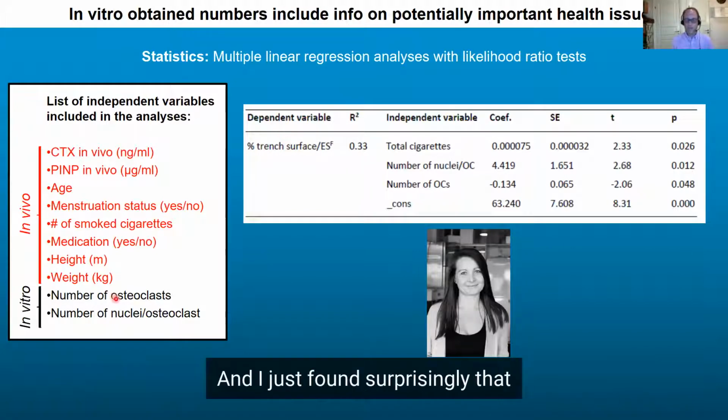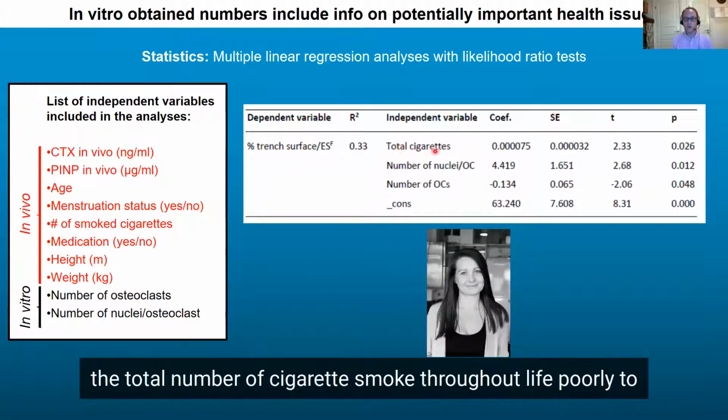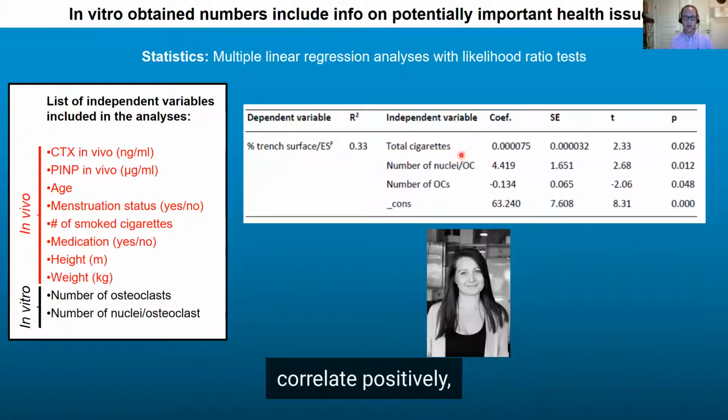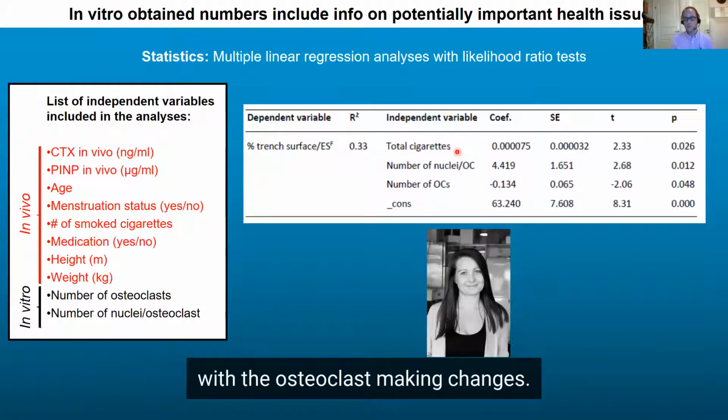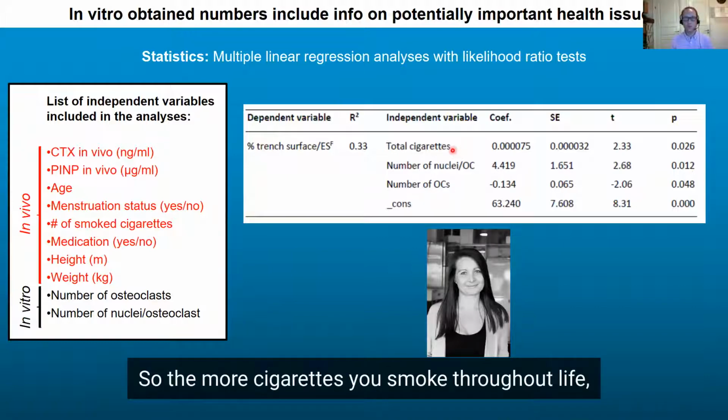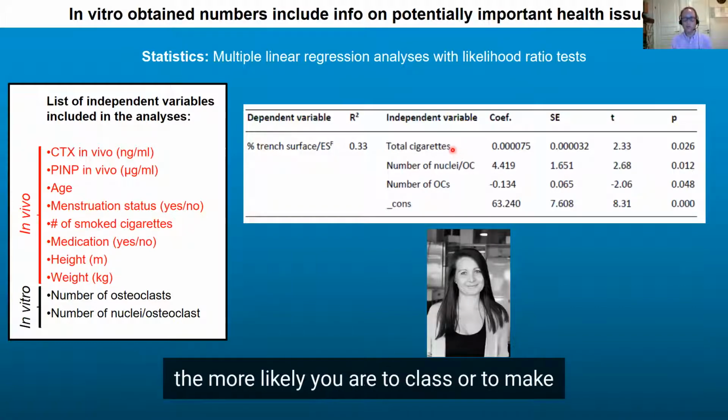Doing the same type of analyses, Anais found, surprisingly, that the total number of cigarettes smoked throughout life correlated positively with the osteoclasts making trenches. So the more cigarettes you had smoked throughout life, the more likely your osteoclasts are to make trenches.